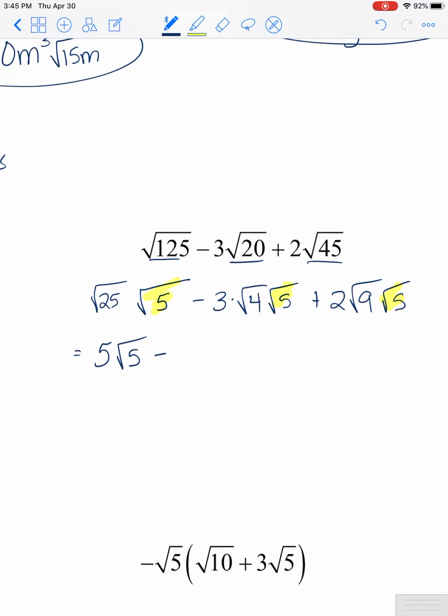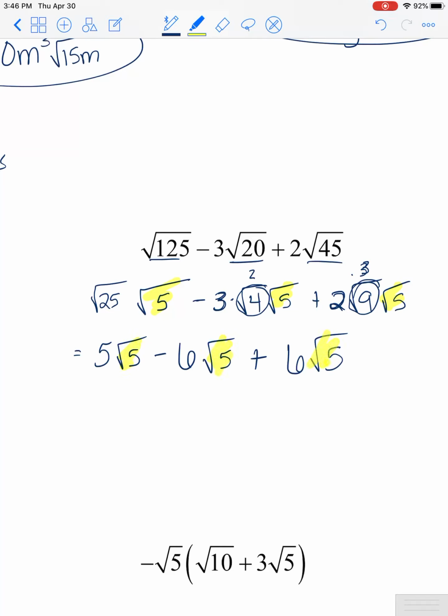So I get 5 times radical 5 minus, I know the square root of 4 is really 2. So negative 3 times 2 is a negative 6 radical 5, plus the square root of 9 is really 3. So 2 times 3, again, is 6 radical 5.